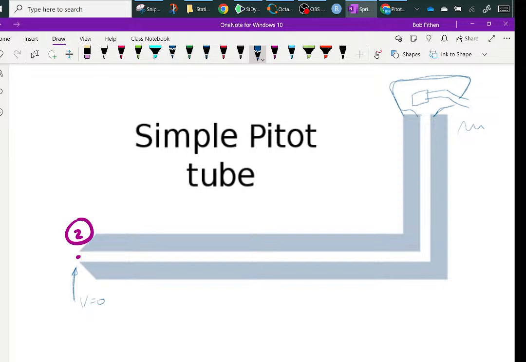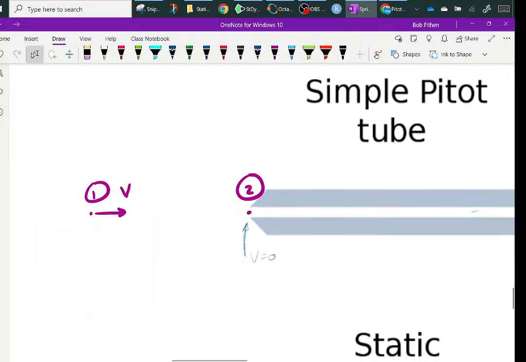But there's not a hole. If there was a hole, the flow would have come up through here. But with no hole, the velocity is 0 all throughout this tube, which means at the very tip of that tube, velocity is equal to 0.